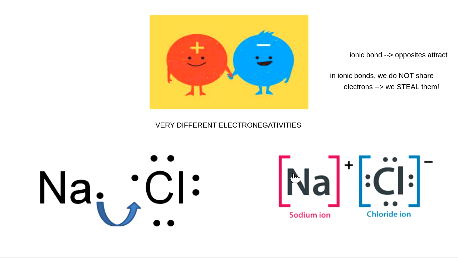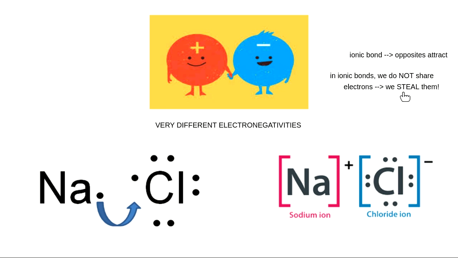There's none of the going back and forth where they share the electrons. That's what makes this kind of bond weaker than our covalent bonds, because we're not sharing electrons. We're transferring them from one atom to another atom. So ionic bonds are not sharing bonds. They're stealing bonds. And my electrons actually move.